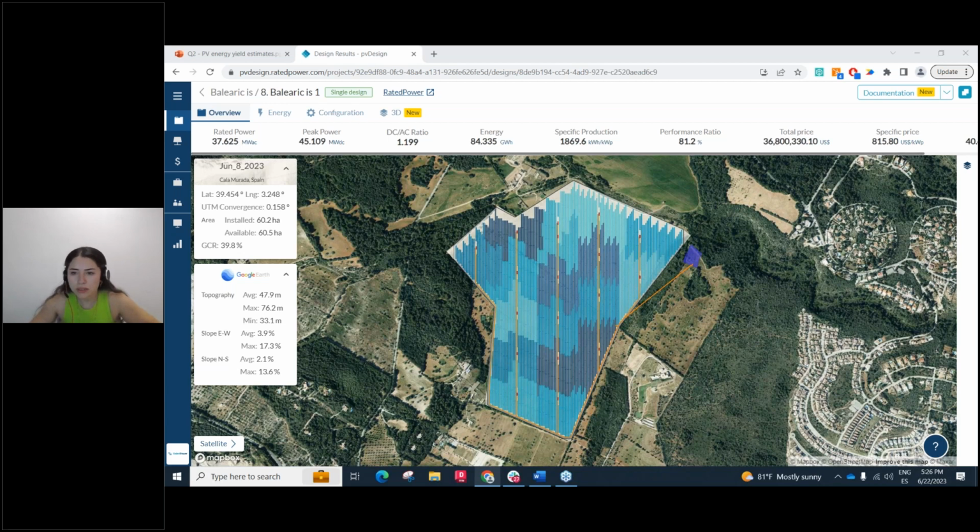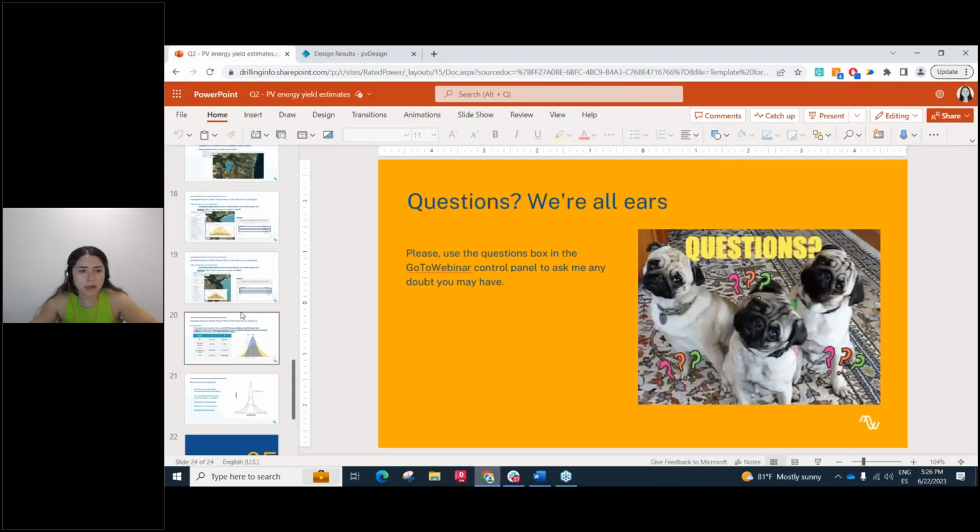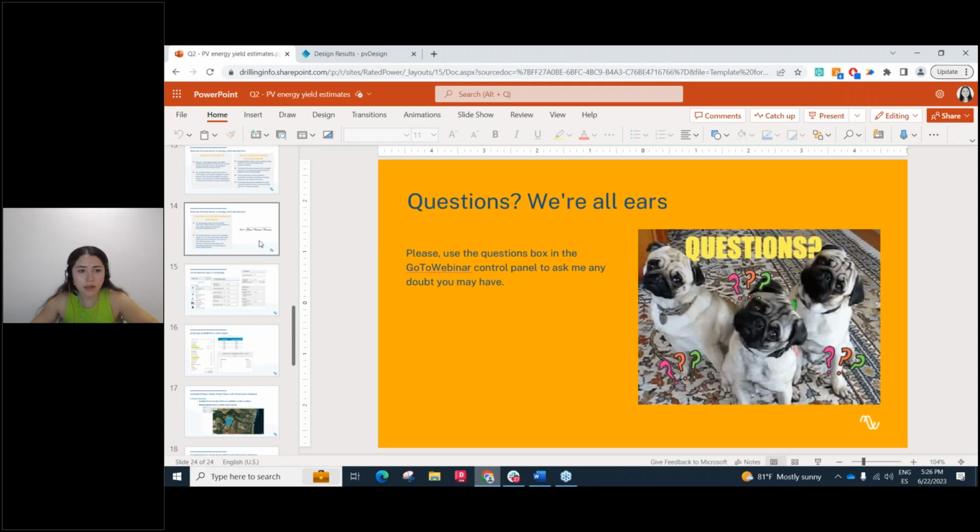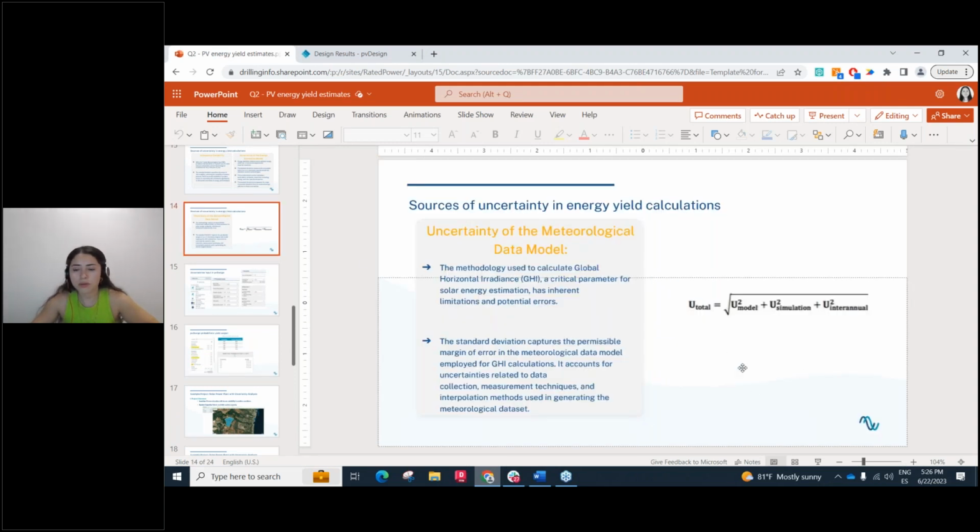So, does the formula you showed sum up all influences on total uncertainty? Let's go back to the formula. U total, the total uncertainty, combines U model, U simulation, and U interannual.